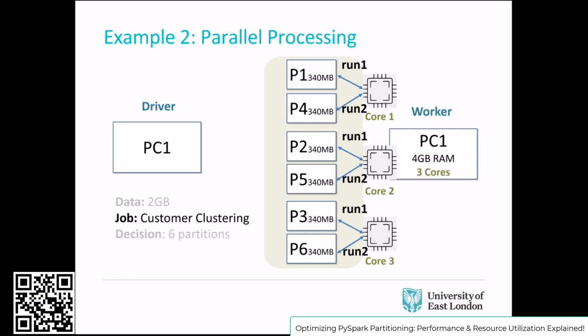You see that if you have 3 cores, at the first run, core 1, core 2, core 3 at the same time, 3 cores are going to execute your tasks, your application, your machine learning, whatever, on the first partition, second partition, and third partition, right? I'm talking about 1, 2, 3. The second run, they go through partitions 4, 5, 6.